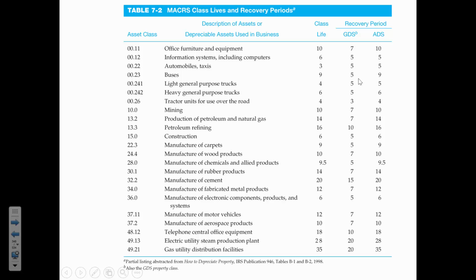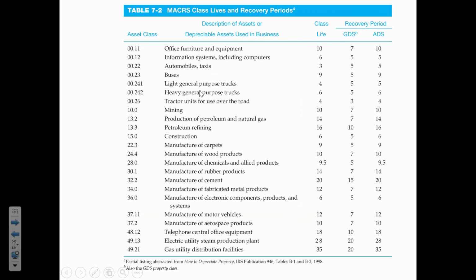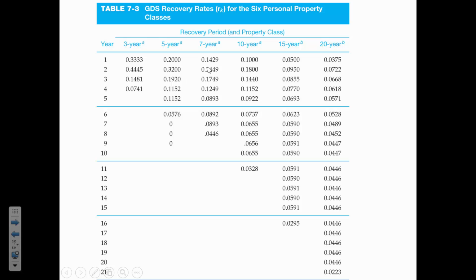So in any case, the thing that you need to remember is that equipment falls into a certain category, and then based on that category, you'll get the number of years from this table. Once you have the number of years, you go to the secondary table and you find which row applies. So if you're doing a problem related to a light general purpose truck, 5 years GDS, we find the 5-year column.